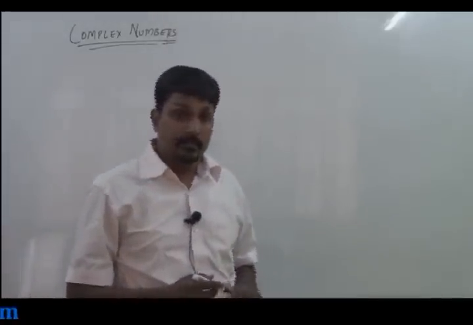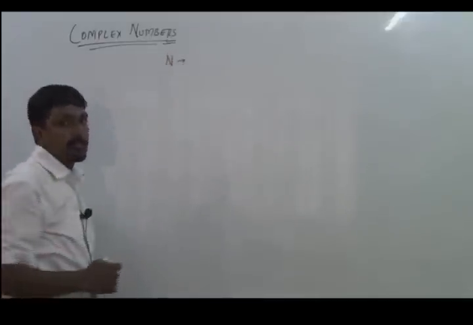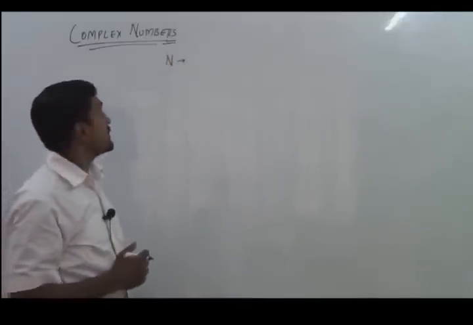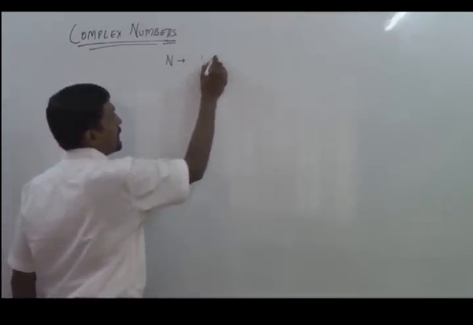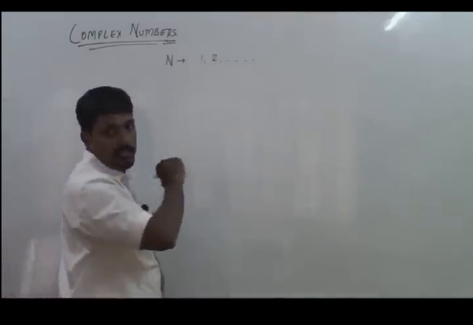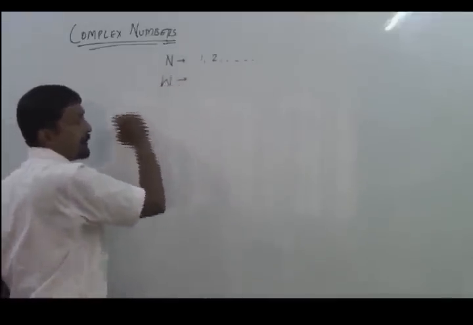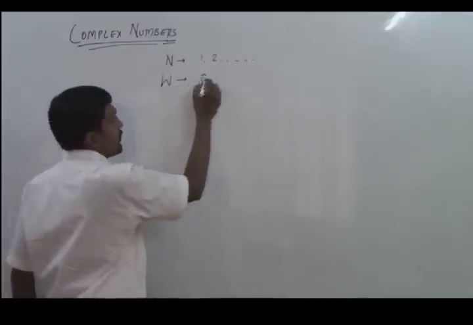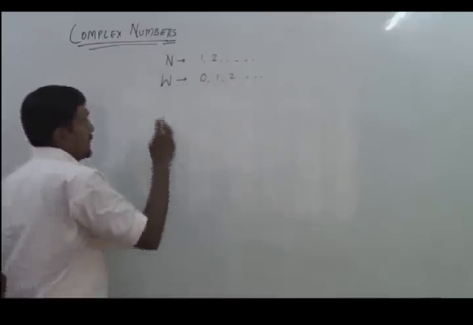In the number system, we have the various initial numbers, that is natural numbers, which start from 1, 2, up to infinity. Then we have whole numbers W, which start from 0 and go up to infinity.